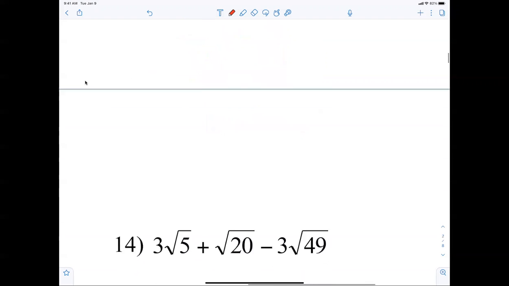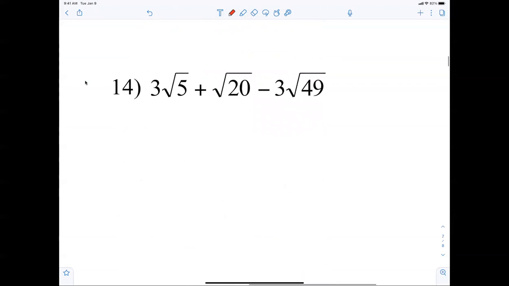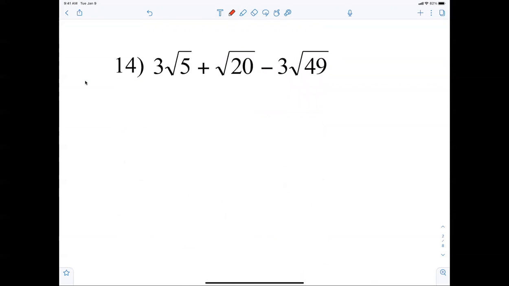All right, let's try 14. But this is literally just like what we were doing 4 months ago, but with a check mark at it. How is this hard? All right, here we go. Without check, square root of 20. 5 and 4. So 20 breaks down to 5 and 4. But the square root of 4 is 2. So it's going to be 2 radical 5. And then of course the square root of 49 is 7.